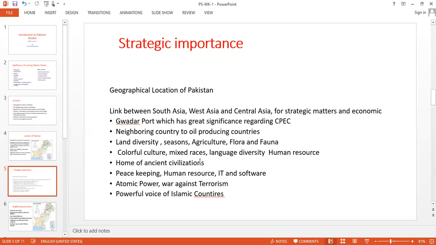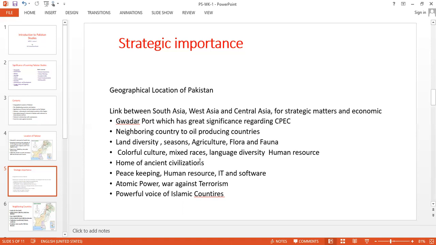Pakistan is very special because of other reasons, like ancient civilization. Pakistan is not a newly inhabited place. Pakistan is the home of very old civilizations; the earliest settlements in Pakistan's areas were approximately 5,000 years ago, as historians say.